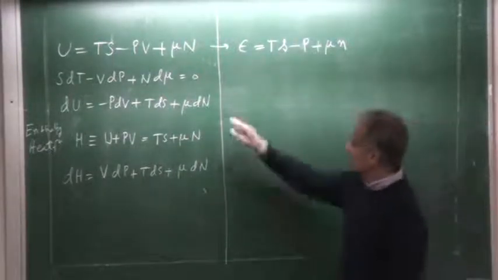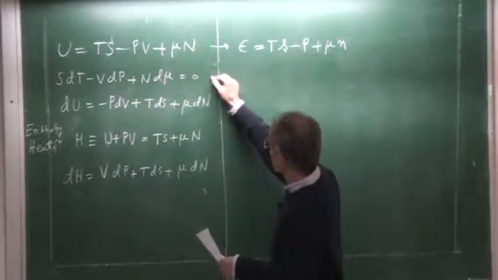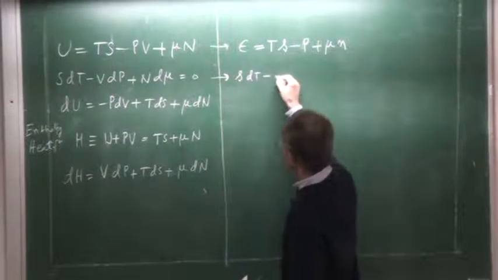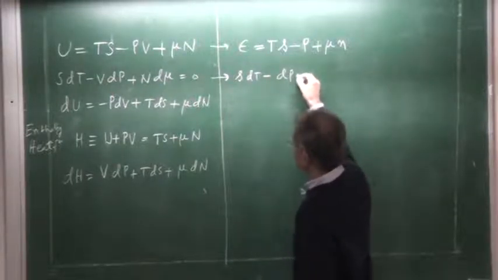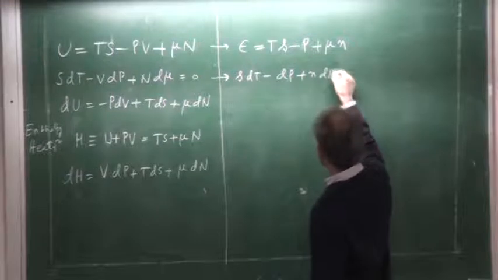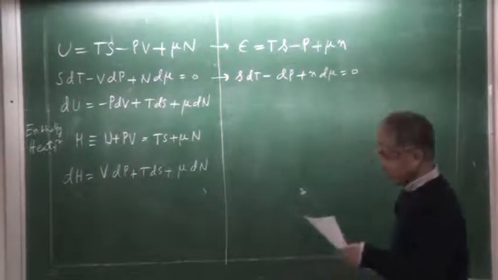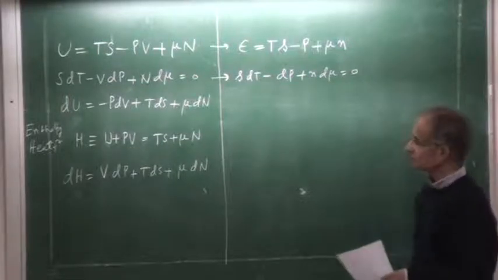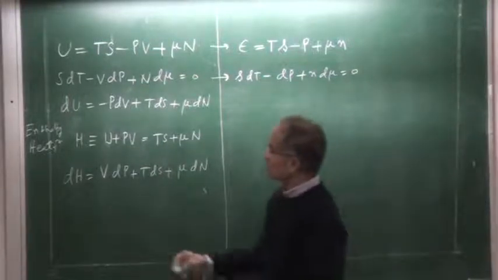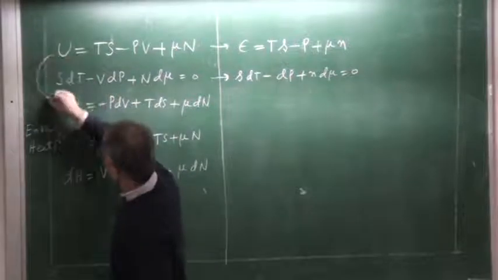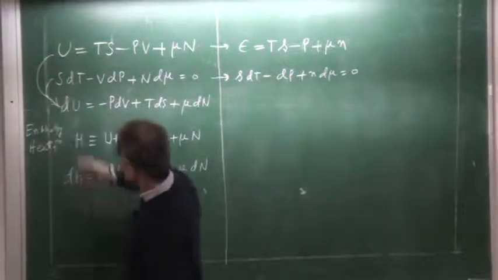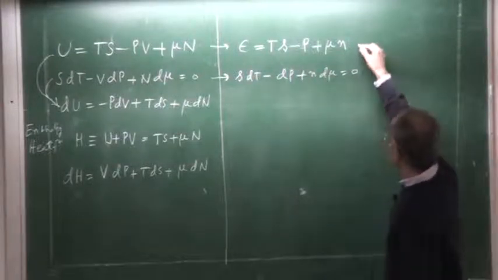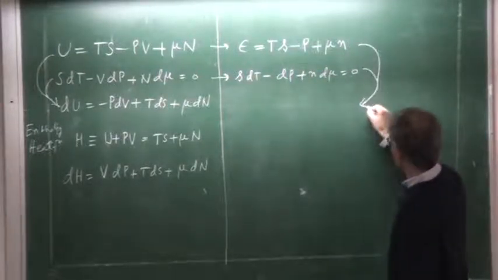What about this? This will give a small s dT and dv. Now, these two together give you this. Similarly, these two can be used to obtain this.